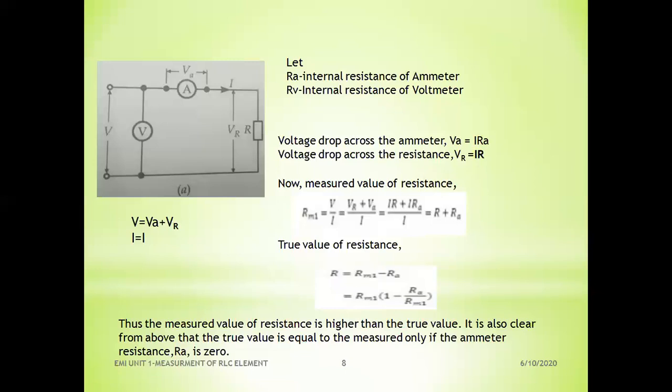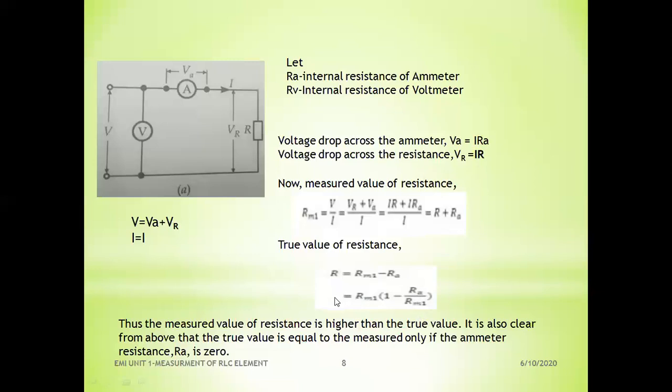From this, we can say that the unknown resistance is equal to the measured resistance only when RA is 0, that means this factor is 0.